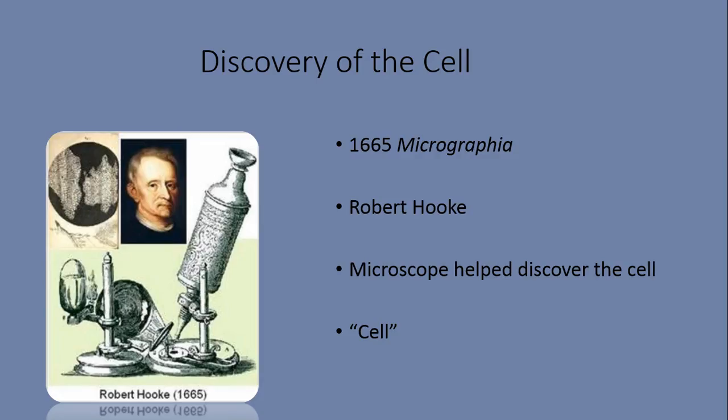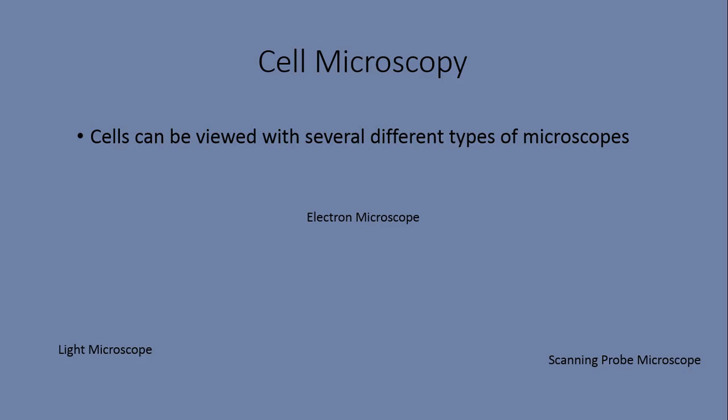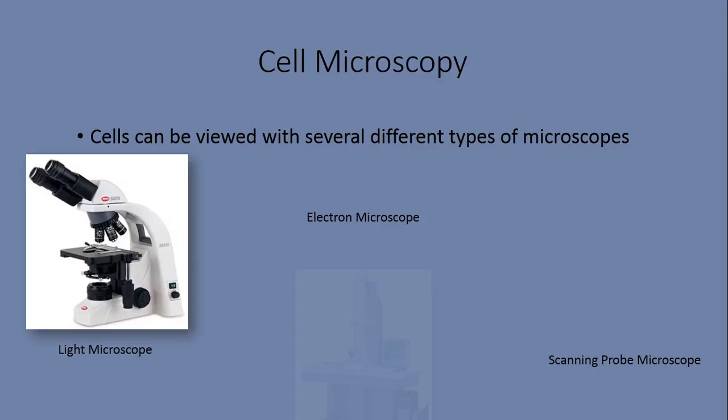And as time went on, more advances in science led to the increased development of lenses, microscope construction, and staining techniques. These advances allowed scientists to see more of the components within a cell. Now, there are several different types of microscopes that can be used.